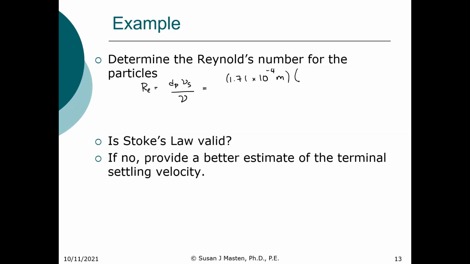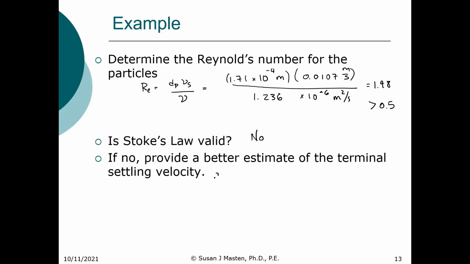The terminal settling velocity we just estimated as 0.0107 meters per second. We'll divide that by the kinematic viscosity, so this is 5 times 10 to the minus 6 meters squared per second, and that is equal to 1.48. Now 1.48 is greater than 0.5, so that means we need a more accurate equation to determine the terminal settling velocity. So the answer is no.